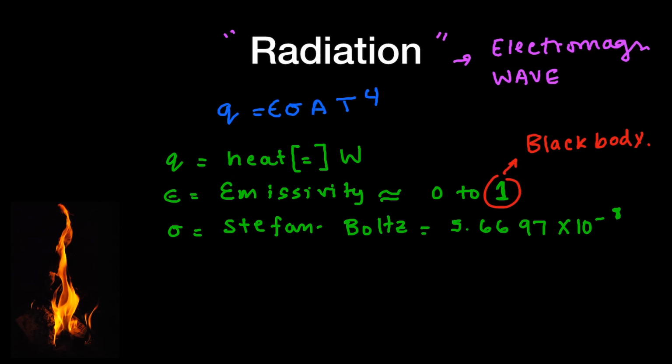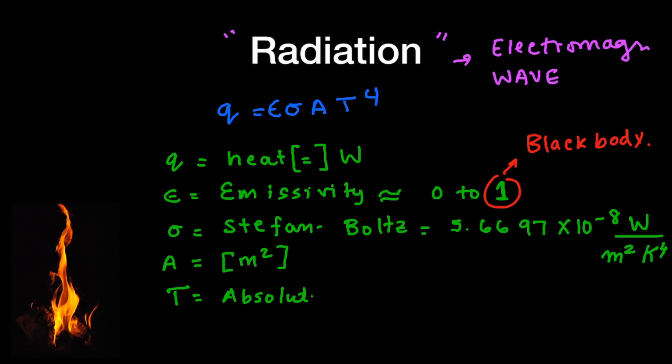I lied, it's 8. 10 to the negative 8 watts per meter squared times K to the fourth. And area is in meters squared, and temperature, this is the important part, is the absolute temperature, therefore it's in Kelvin or Rankine.